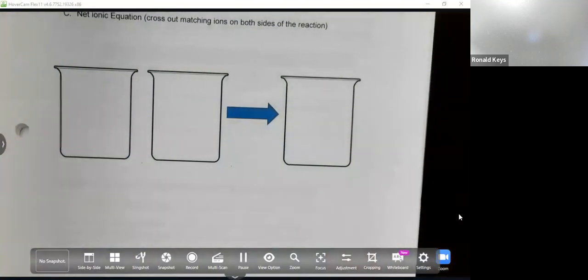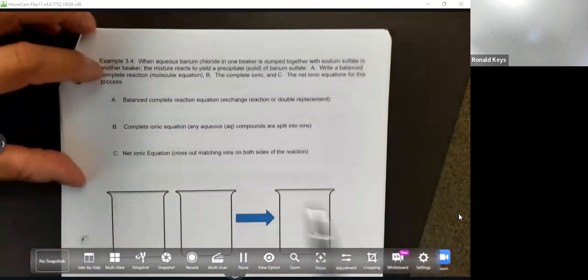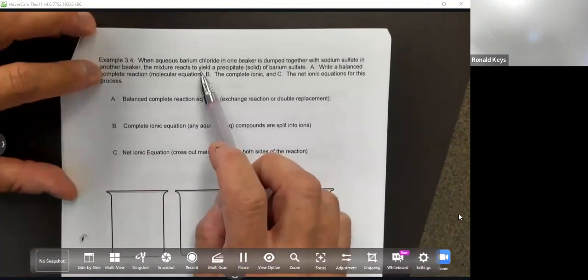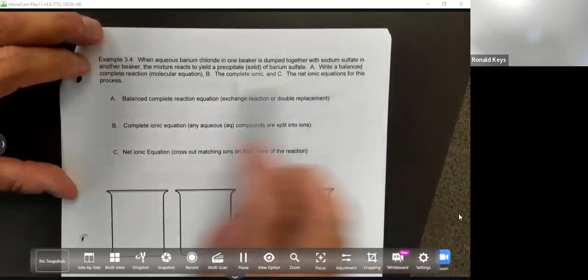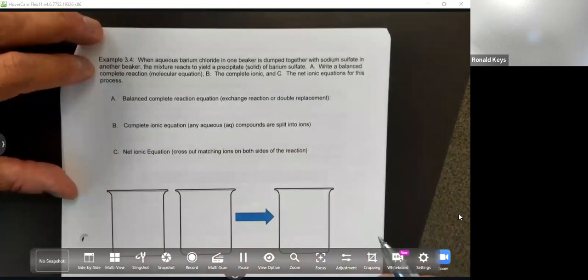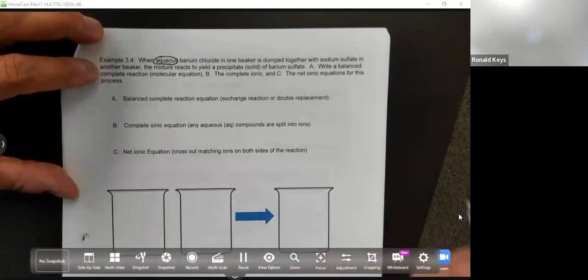Okay, let's look at an example. I want to show you exactly what we mean by an exchange reaction, with beakers and everything. We have aqueous barium chloride in one beaker dumped together with sodium sulfate in another beaker. Let's start this out. Aqueous barium chloride.